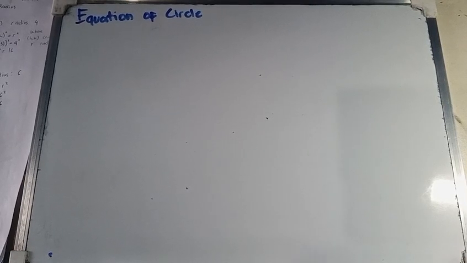So today, we will discuss the equation of a circle. We define a circle as a shape on a plane that has a fixed point, which we call the center, and has equidistant points in the same plane.